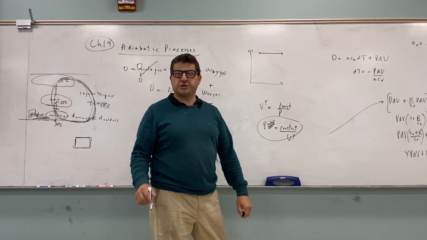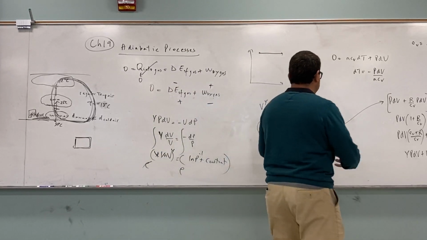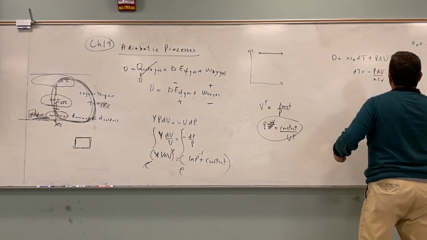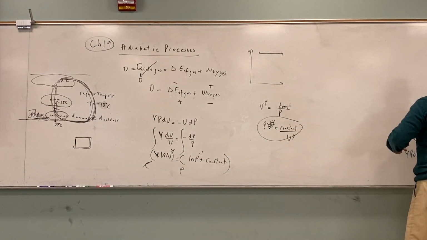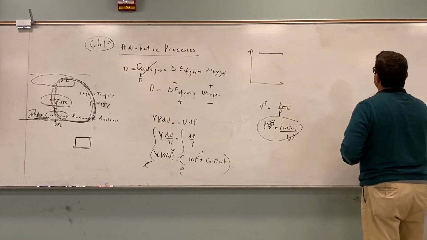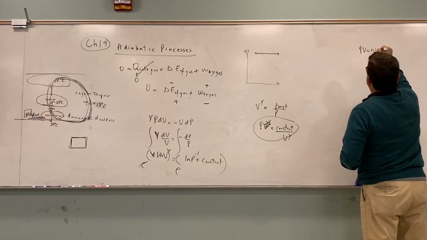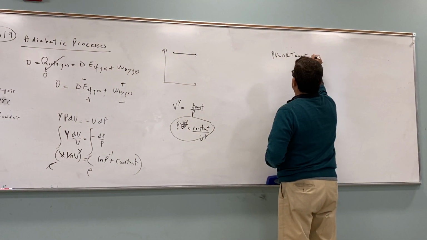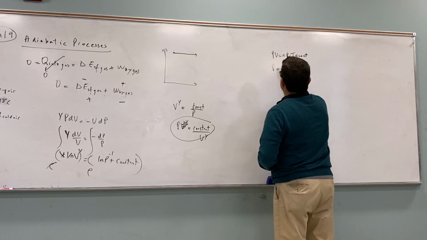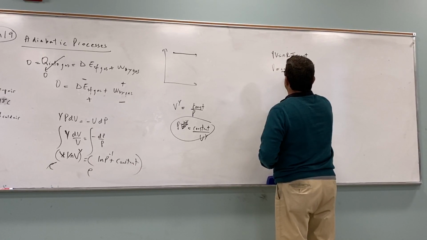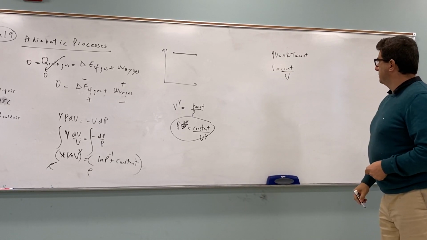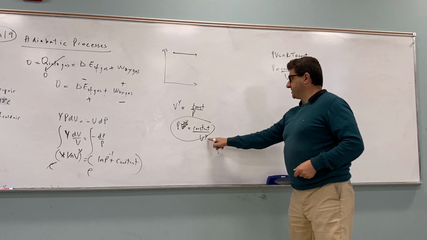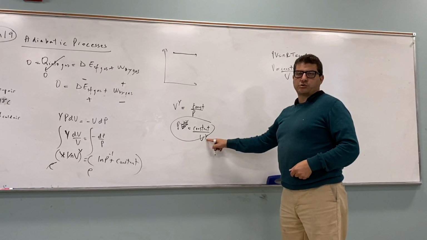Now, the relationship in the isothermal process, what was it? PV is nRT, and this is a constant in isothermal. So pressure is constant over a volume. This one depends on if the gas is monatomic or diatomic.